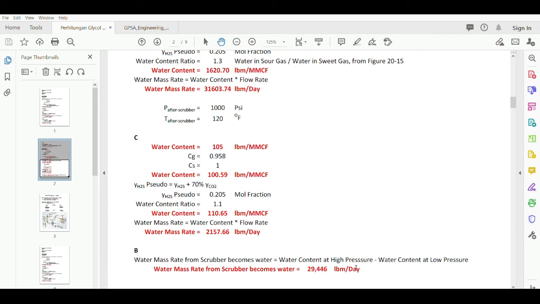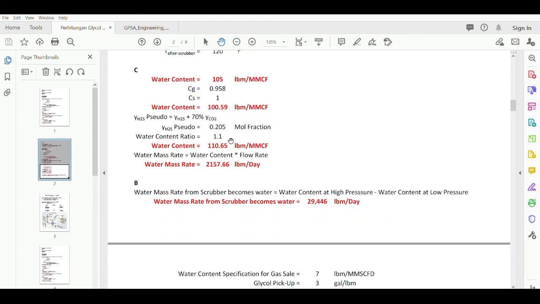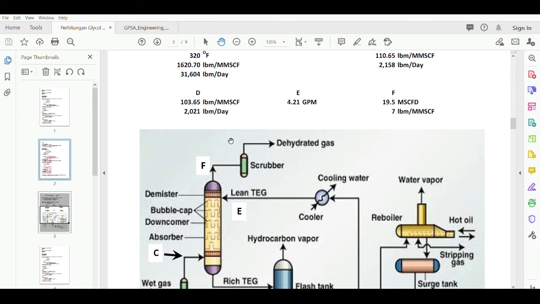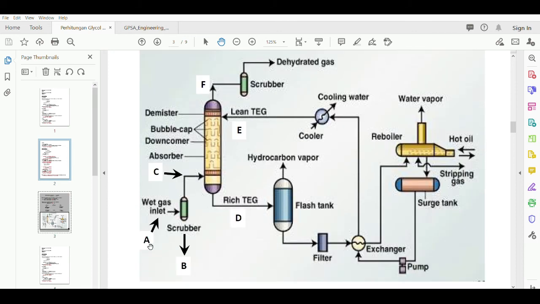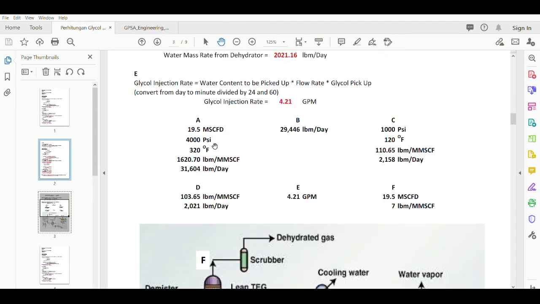So it's a lot. A lot more is going up to the scrubber. So this C here is what is coming to the glycol dehydrator. A is left, the scrubber going up water. So this one is the one that's going to the dehydrator.